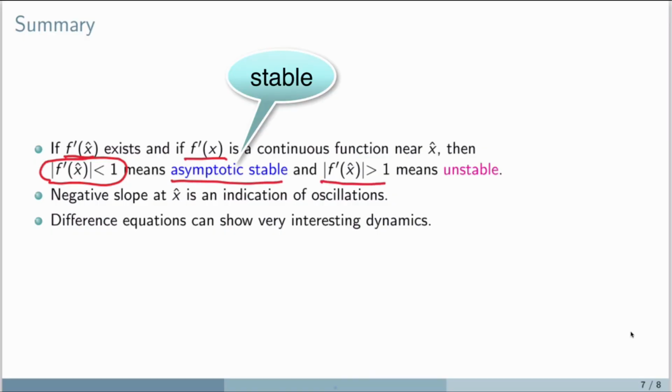And if the opposite is true, if the absolute value of f prime at x hat is bigger than 1, then we have the unstable situation. And we saw two cases for increasing functions and for decreasing functions at the fixed point. If the function is decreasing at the fixed point, then this is an indication of oscillations. Furthermore, we have seen very interesting, even chaotic dynamics of these systems.